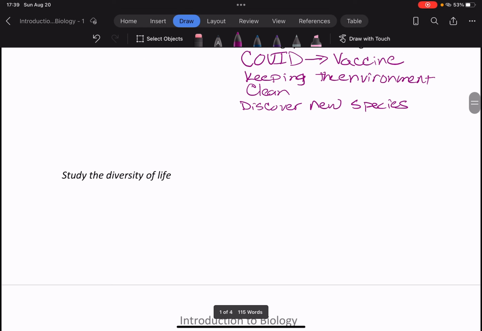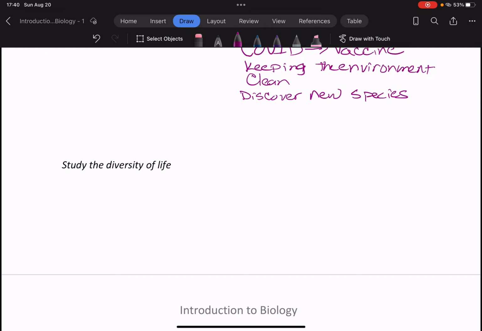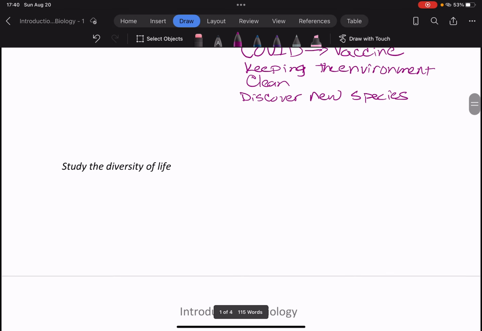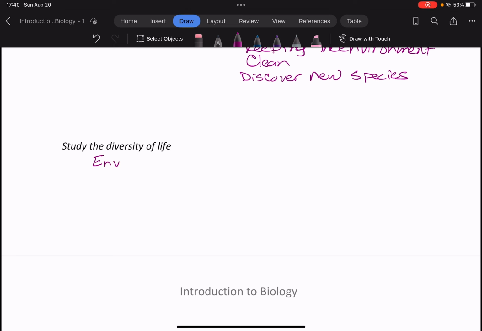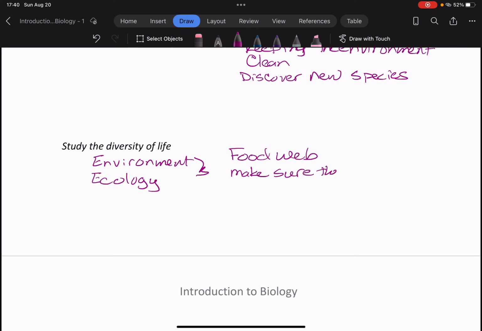So one thing they do is study the diversity of life, which gets into the study of the environment and ecology, which is kind of the same thing. These guys create food webs for different areas and make sure there are enough species.